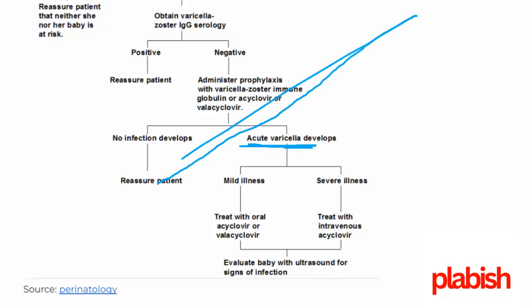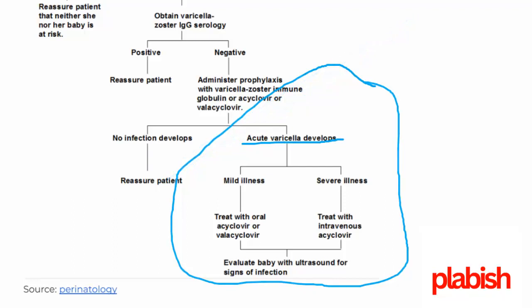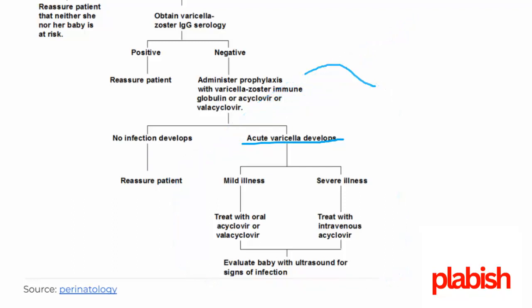So we will only be looking at this part of the algorithm, because now she has developed a rash and we are suspecting acute varicella. Then there is no use of giving her varicella zoster immunoglobulin because she has already developed the symptoms. All we can do is give antivirals to lessen the severity of chickenpox symptoms.